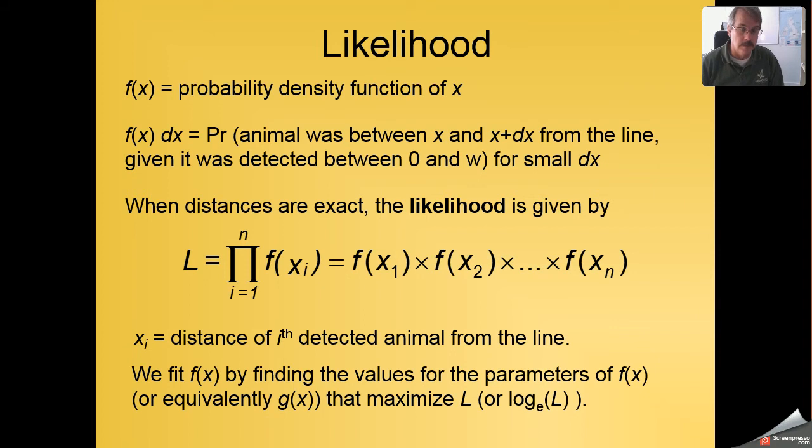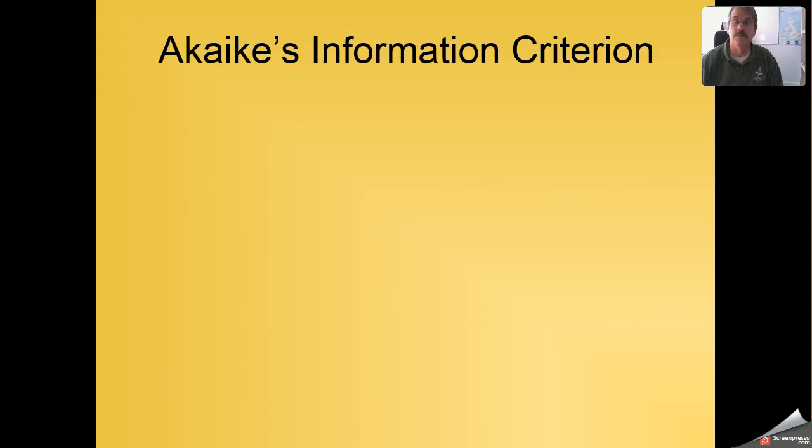So that is the machinery underlying the Distance software, where it looks at the data that you've provided to it, tries to come up with parameters associated with the detection functions that you've asked to be fitted, and tries to produce the best estimates of the parameters of those detection functions that maximize this likelihood term L. I raise the issue of likelihood here because we're going to use components of that likelihood to try to assess the relative fits of the various models to which we subject our data.